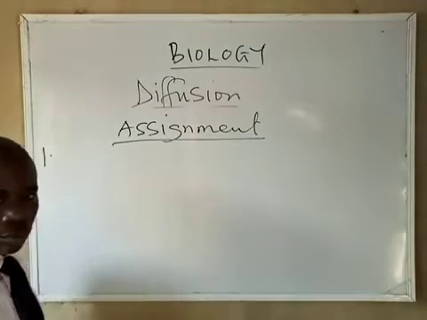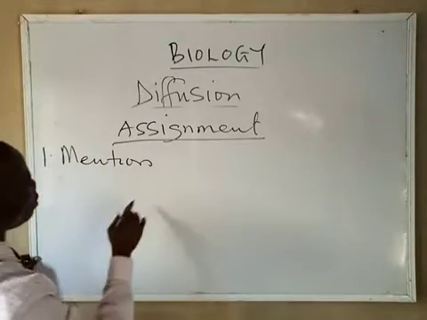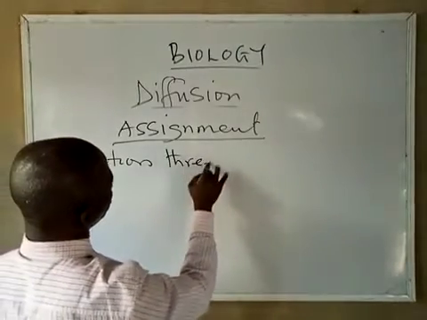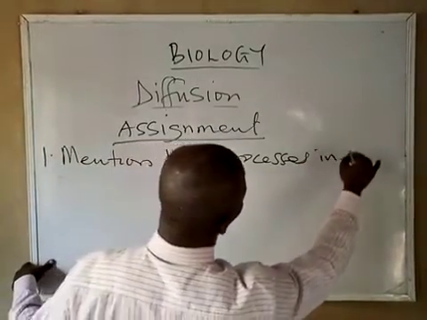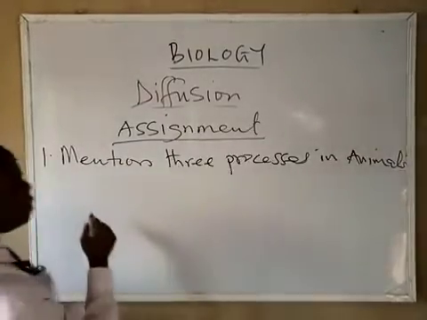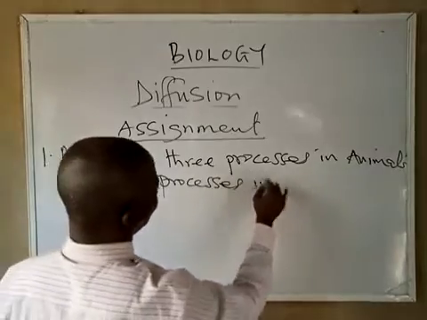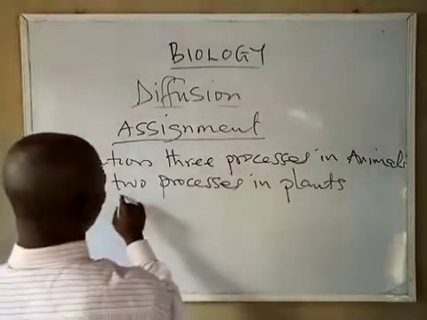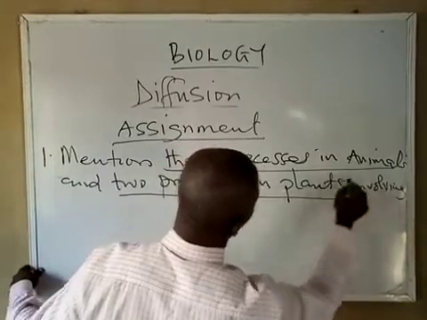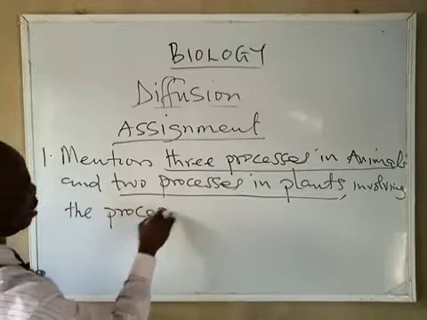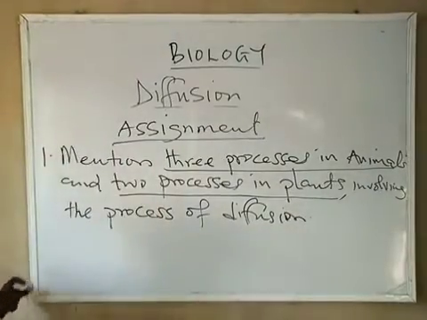One, mention three processes in animals and two processes in plants involving the process of diffusion.